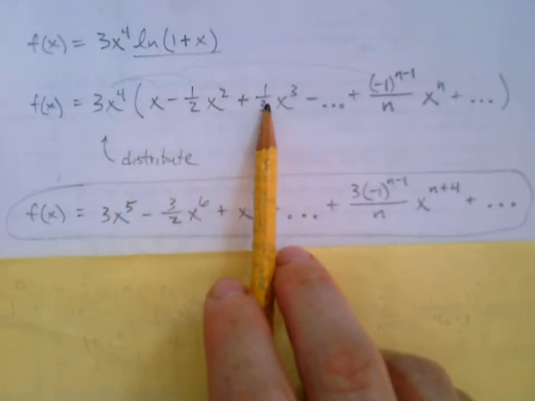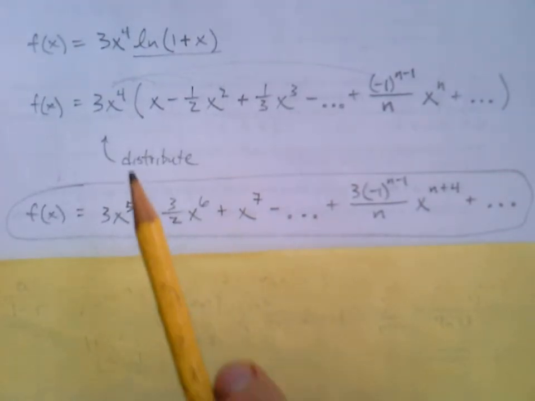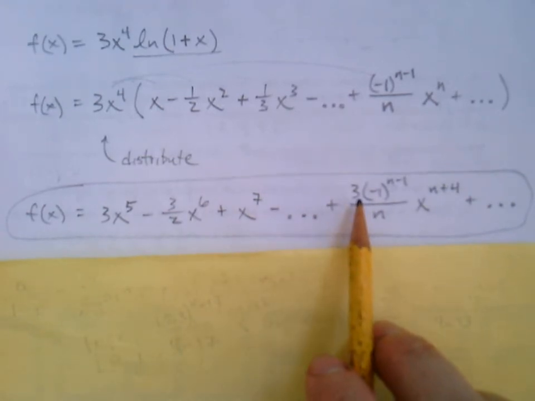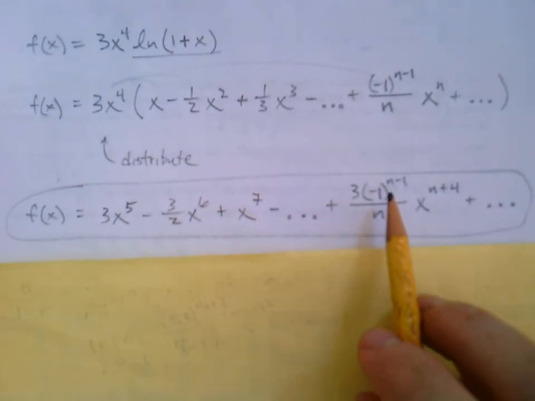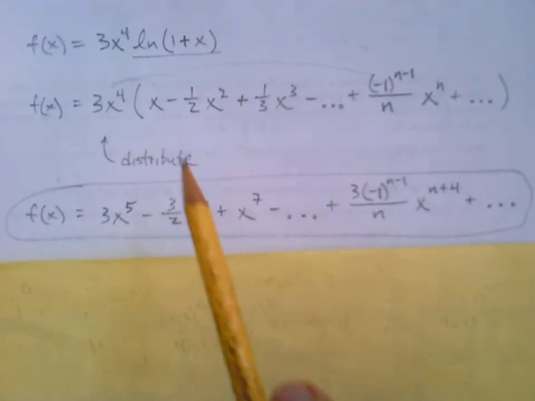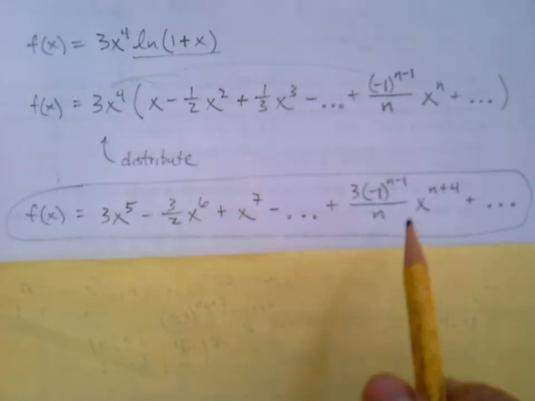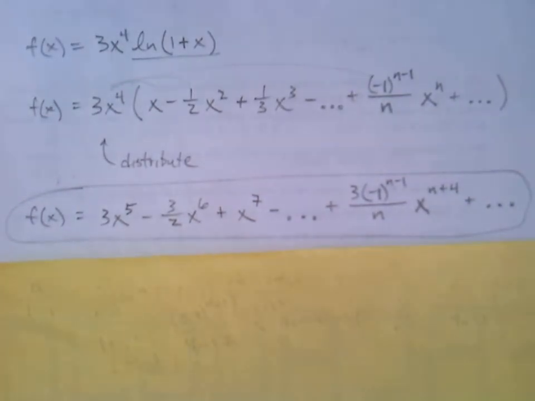To the next one, well, the 3's cancel and I get x to the seventh minus dot, dot, dot, plus, when it multiplies to the nth term, I'm just going to put the 3 up on top. 3 times negative 1 raised to the n minus 1 over n. And the x's, well, x to the fourth times x to the n, we still need to add to simplify. So that's x raised to the n plus 4, plus dot, dot, dot. And we got it.